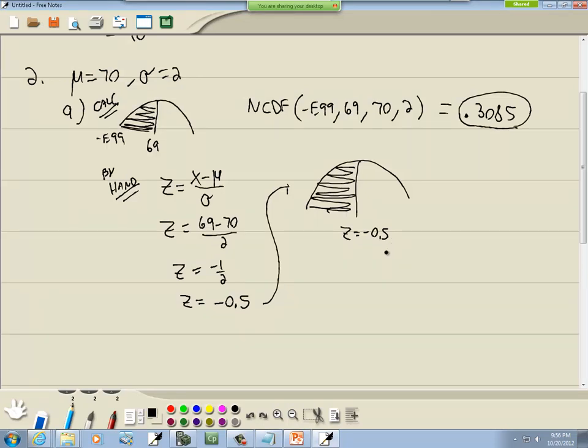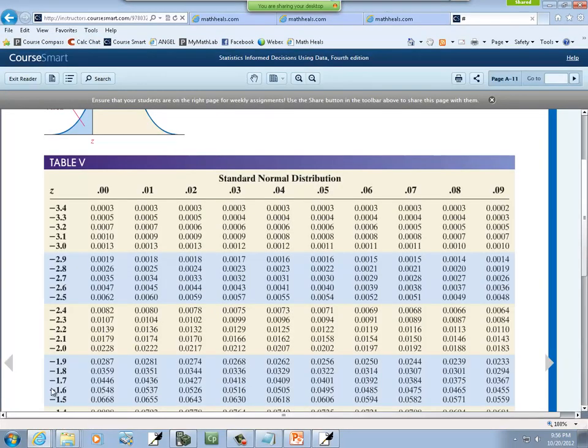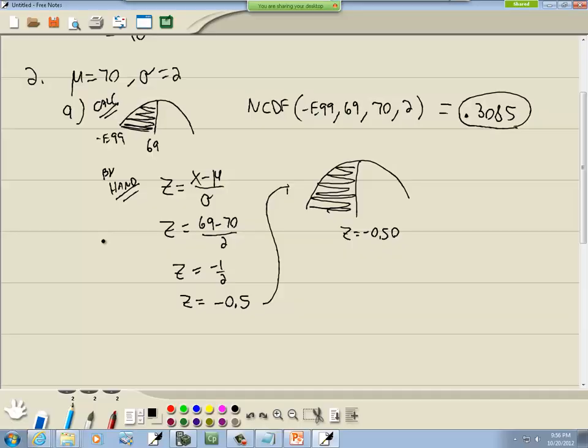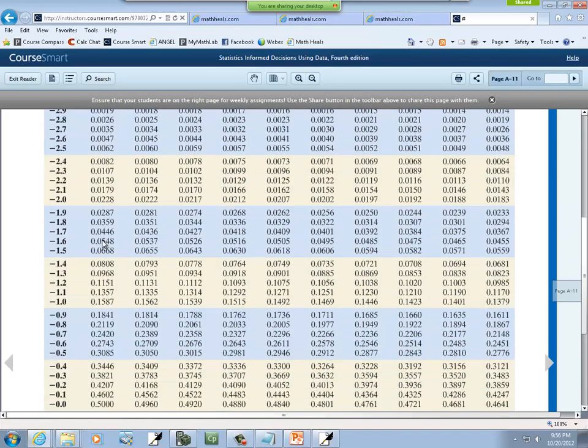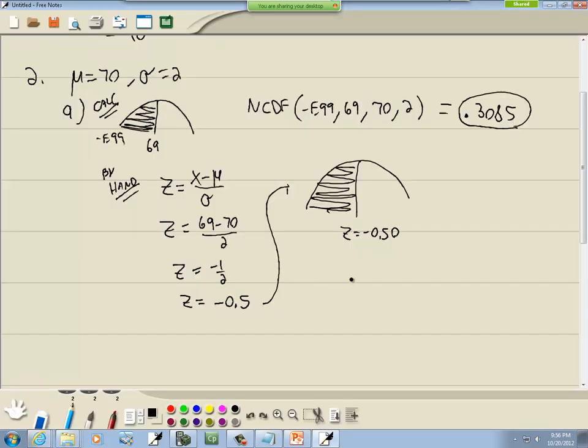Now that's really like negative 0.50, so our hundredths place is zero. So we're looking in our first column here, where the hundredths place is 0, and we're looking up negative 0.5. Negative 0.5 is right down here, so we get 0.3085, which is what we got with the calculator there.